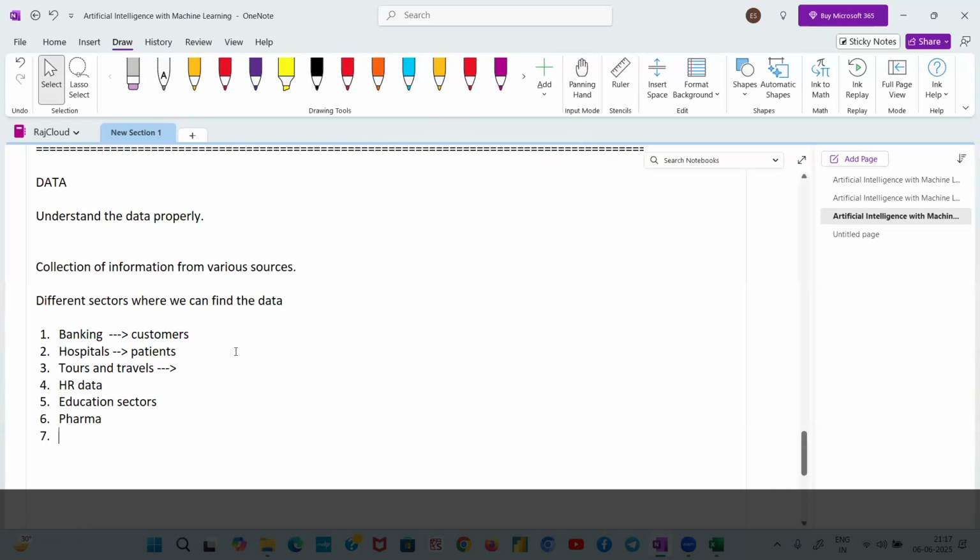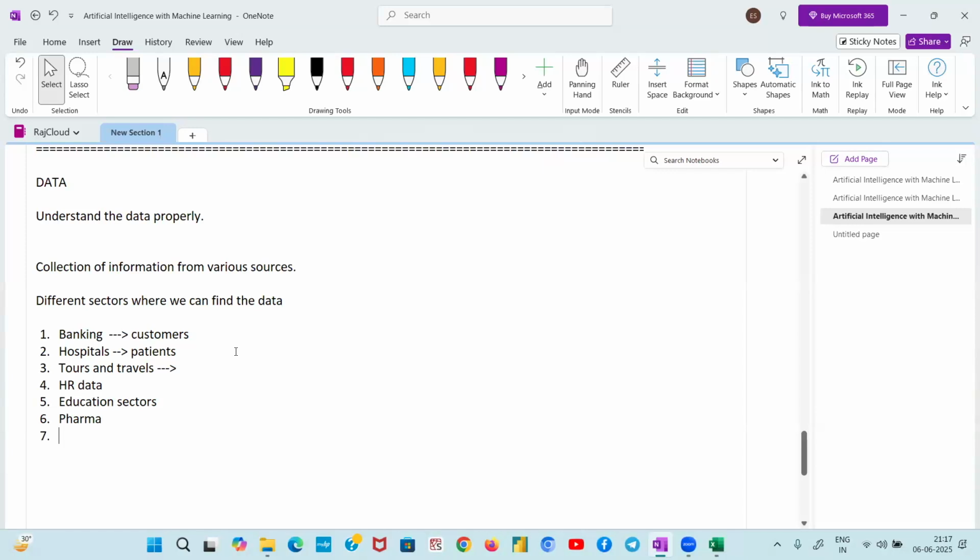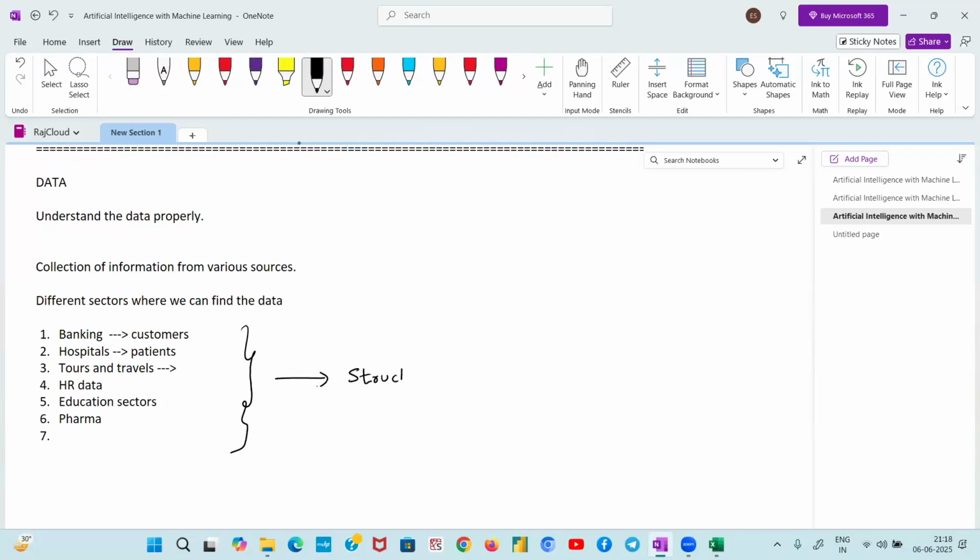Okay, so if you see, all the sectors are what? Yes, maintaining a large scale of structured data. I'm talking about what here? Note this point, guys: structured data. I'm talking about data in the form of structured. So if data can be structured, then that means what?